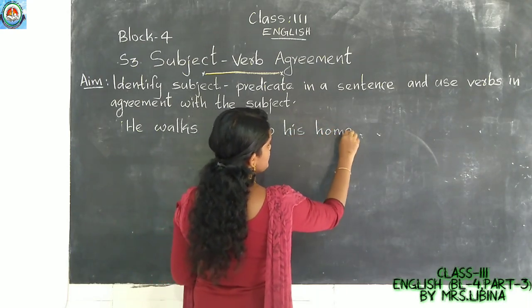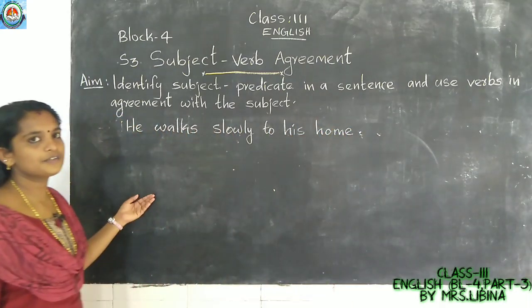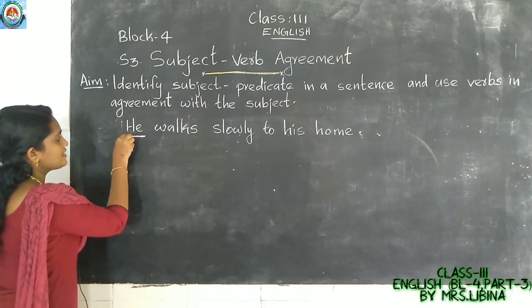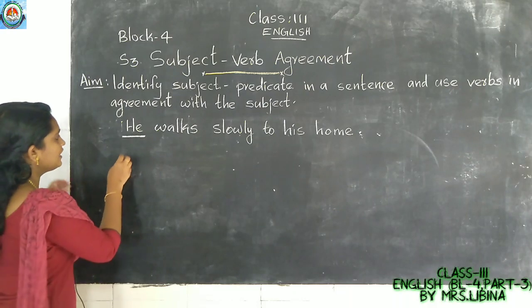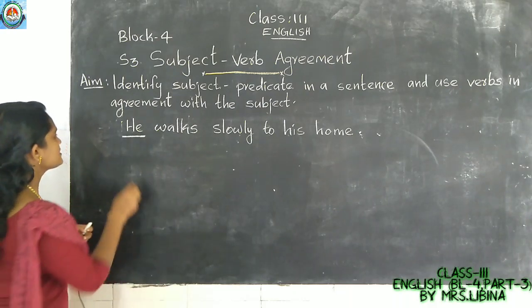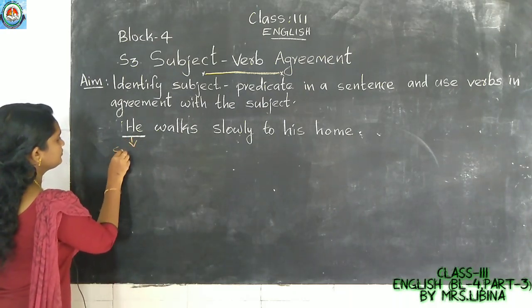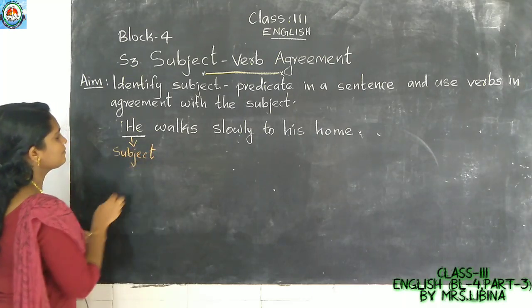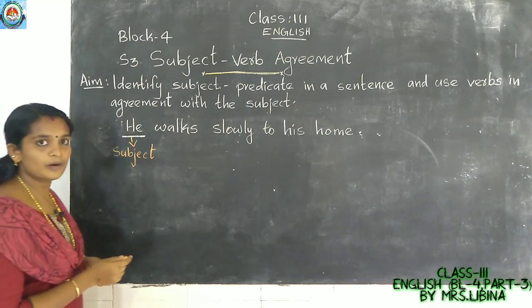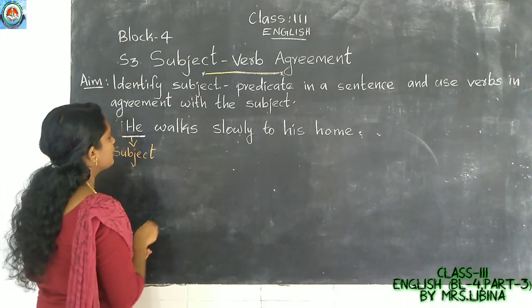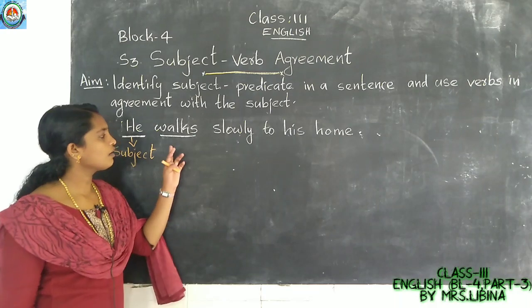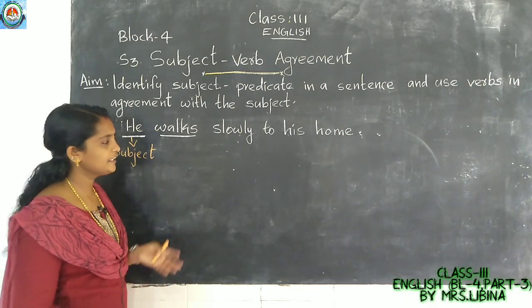One sentence. Here you have to identify which one is the subject. Yes, the naming part. Here, he is the subject. Then which one is the verb here? Yes, walks is the verb here.